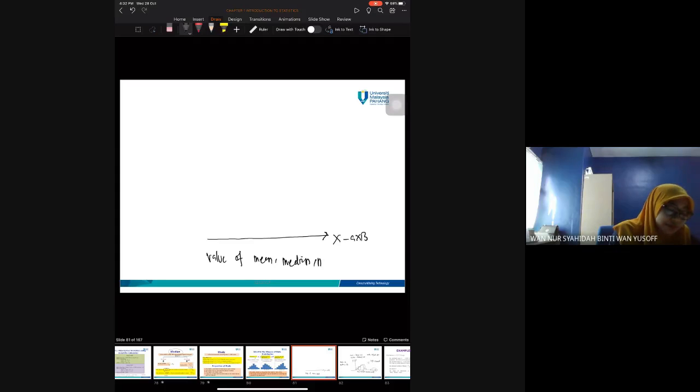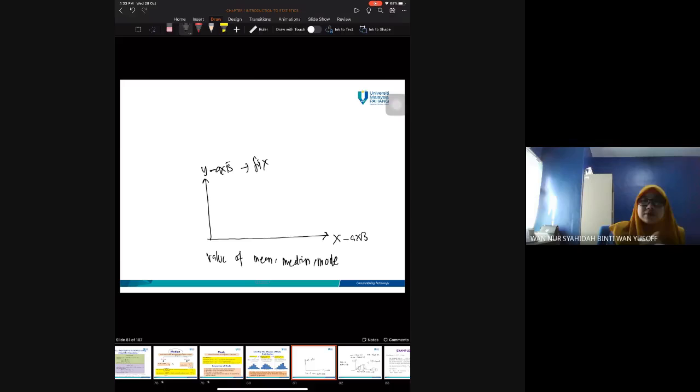The y-axis is fixed already. So the x-axis will change based on the values of the mean, median, and mode. So we plot based on the values of mean, median, and mode.